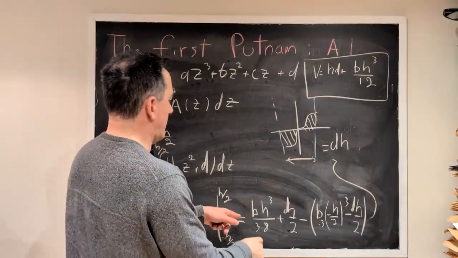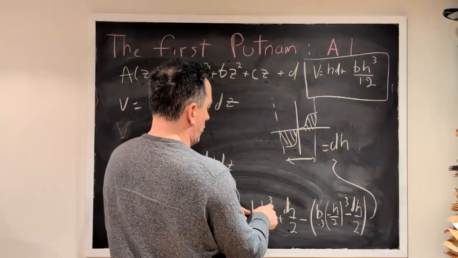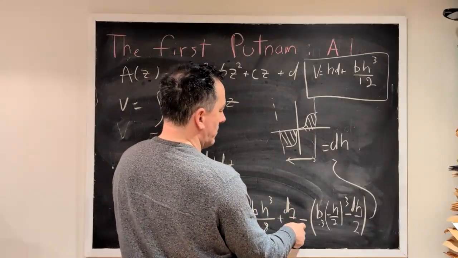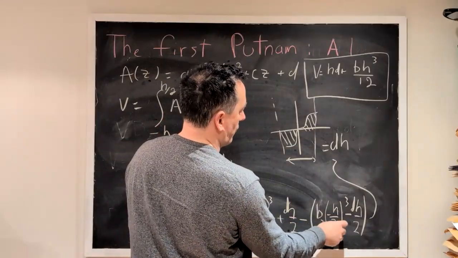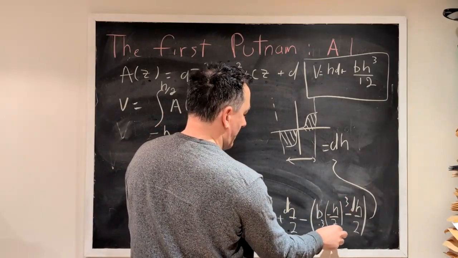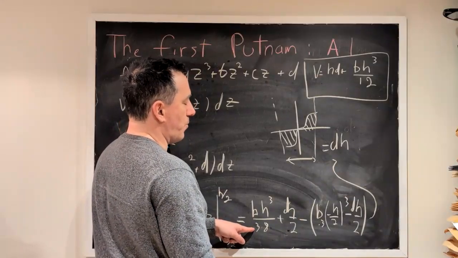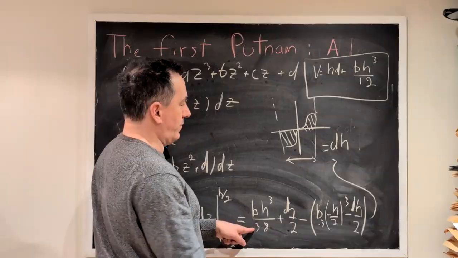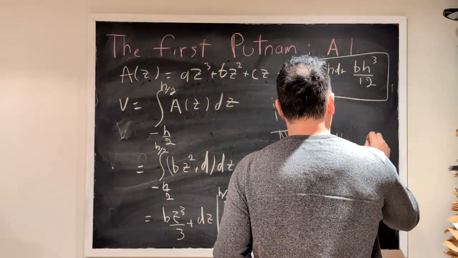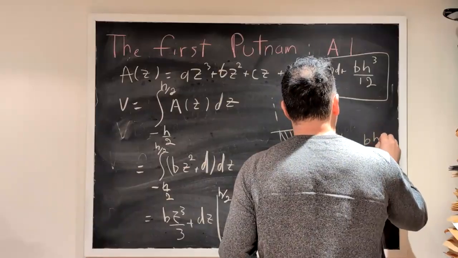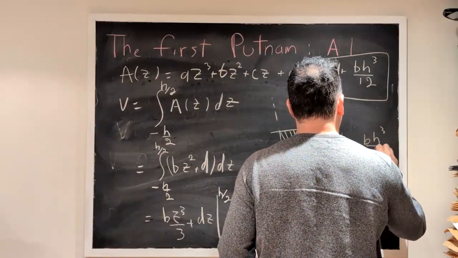And these terms here, bh cubed over 24 minus minus bh cubed over 24, the 2 to the cube would become 8, will give us 1 over 24 plus 1 over 24, which is 1 over 12. So we will get the result plus bh cubed over 12.